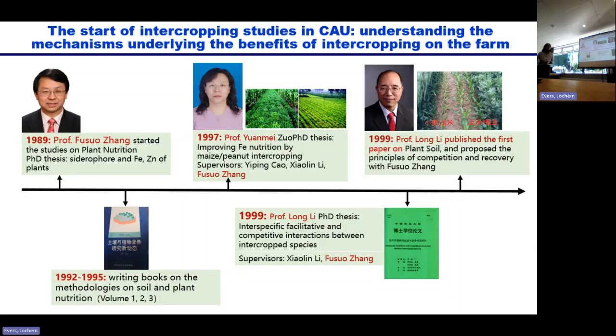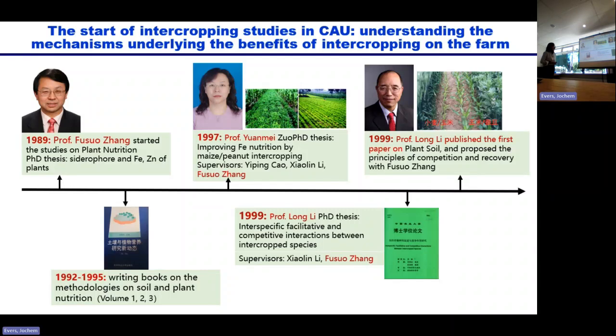So it's a very interesting phenomenon. He supervised a PhD student, Yuan Mei, to do this work, using his knowledge of sulfur to mobilize iron, by the maize, to the peanut.